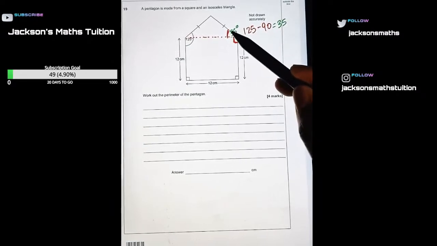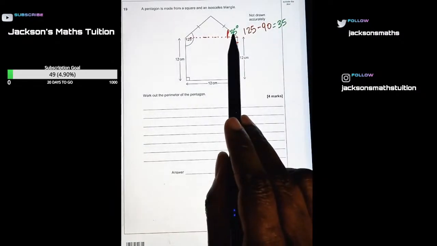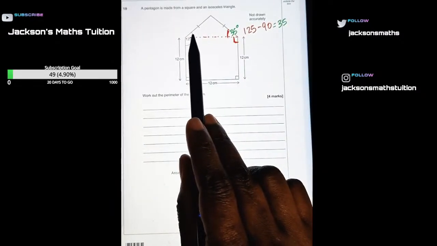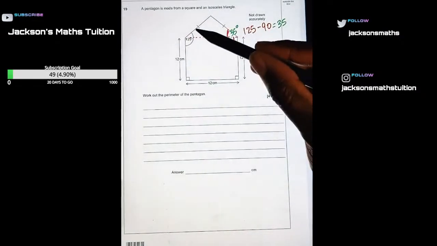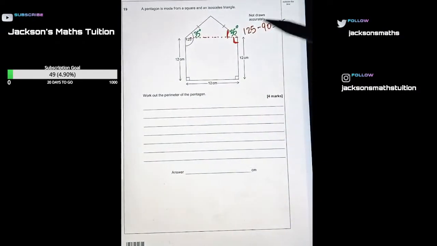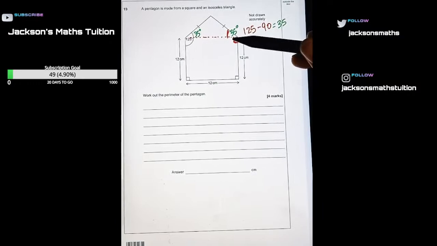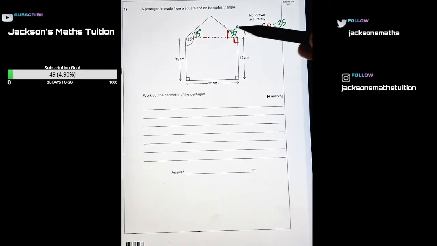So if that is 35, then the angle on the opposite side over here in the triangle is going to be 35 also, because it's an isosceles triangle. So the angles at the base are the same. 125 minus 90 gives you the angle for the triangle, 35 degrees.